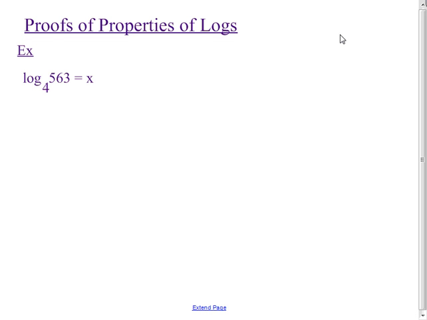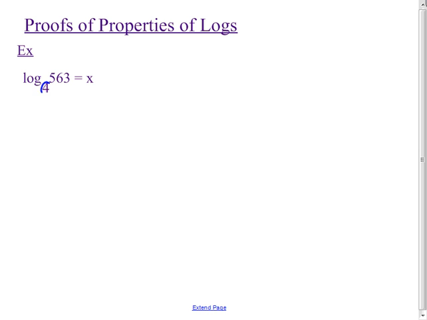So, to start, here's just a basic log property, log base 4 of 563 to the x. So, if we go through and try to figure out what this is, I cannot do logs of base other than 10 in my calculator, so I have to rewrite this. This is in logarithmic form, so the very first step would be to rewrite it into exponential form.